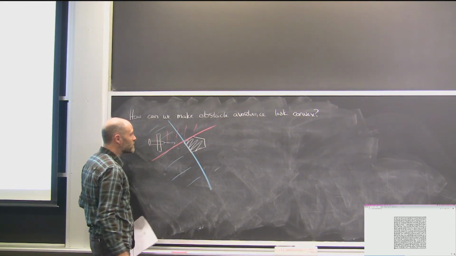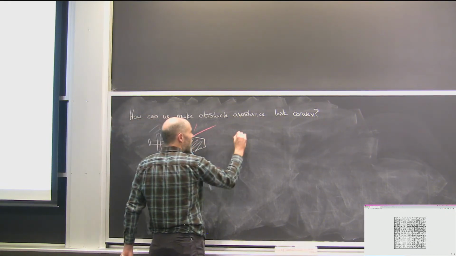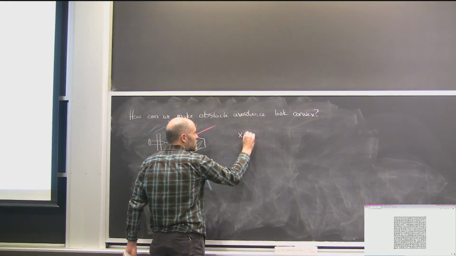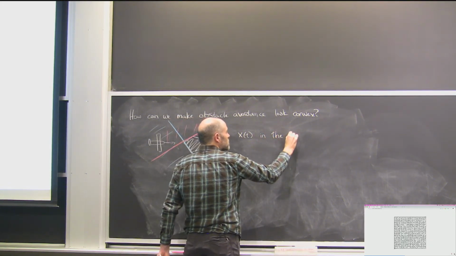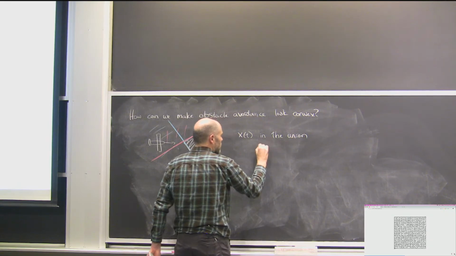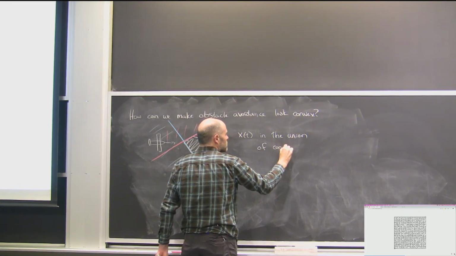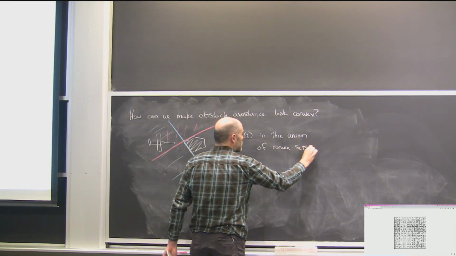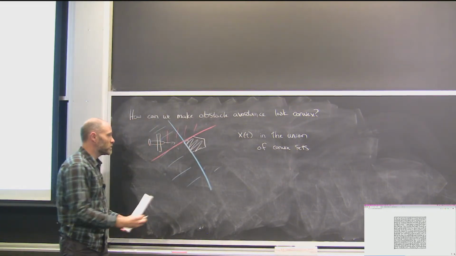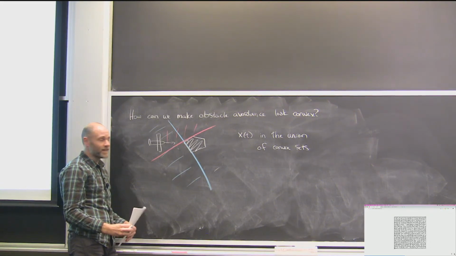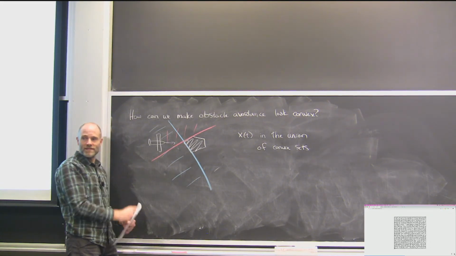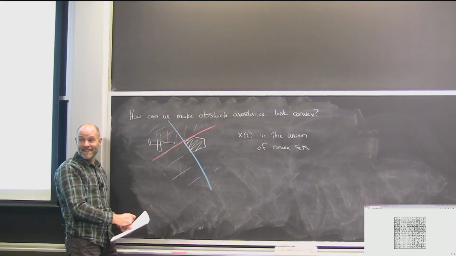So you can't make them convex, but you can say, I'd like x of t to be in the union of convex sets. It's a reasonable approximation for polygonal obstacles. Okay, if you have round obstacles, you make me sad.